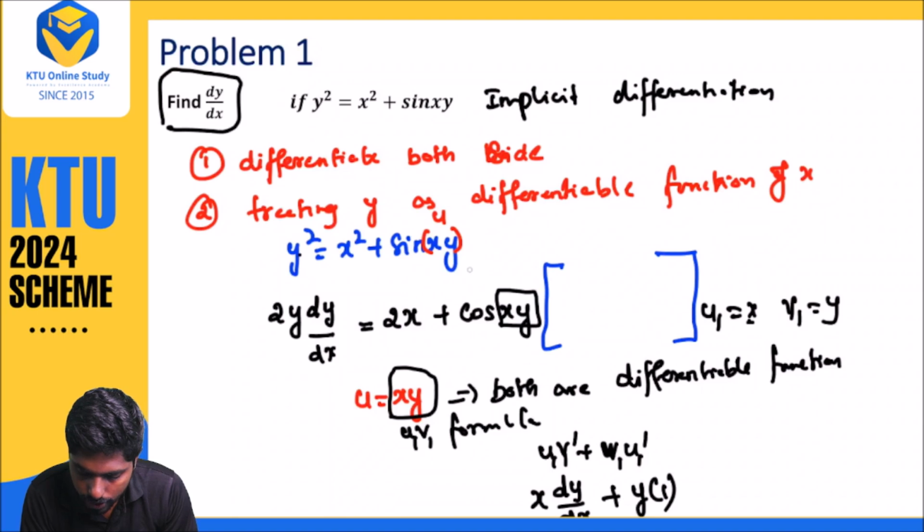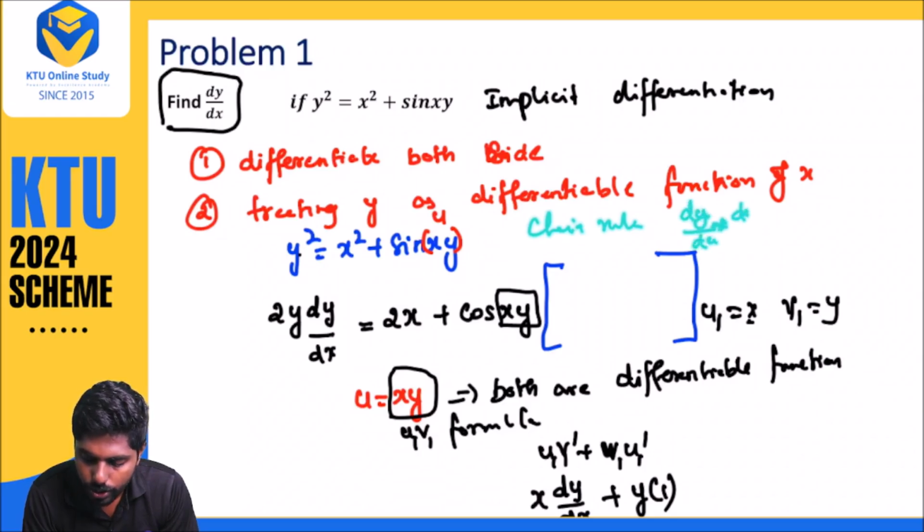When we are solving the chain rule, it is nothing but dy by dx. The chain rule formula is dy by du into du by dx.